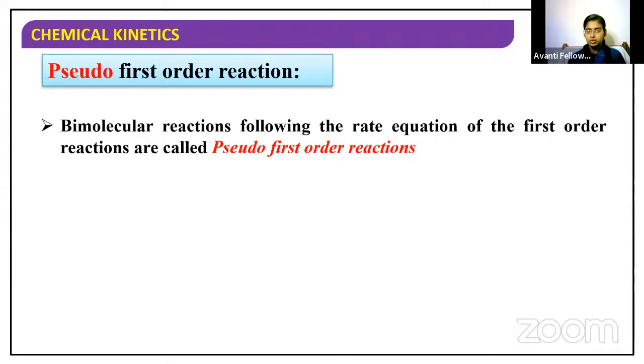So what is a pseudo first order reaction? Give an example. This can be a question for your school exam. But if you go for NEET and JEE, they will give you four reactions and ask you to find out which one is a pseudo first order reaction. That kind of question you can get for NEET and JEE.